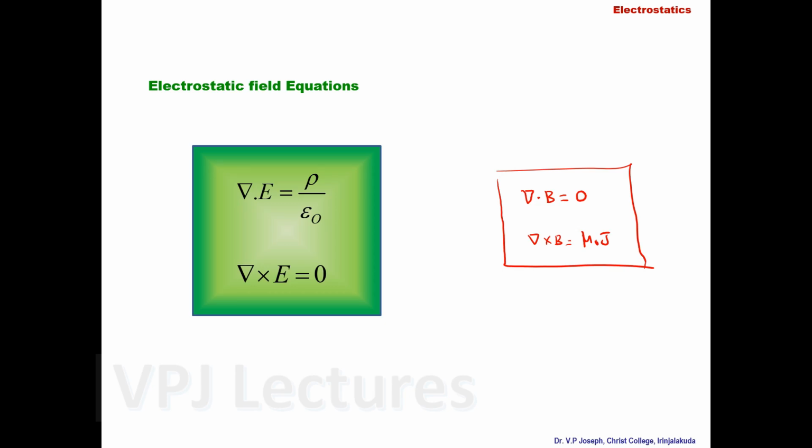These four static field equations we will modify in the case of electromagnetic induction by adding the time variable. In that respect, our aim behind electrostatics is to study the properties and associated theories of these static field equations, and their importance in the entire electrostatics and electrodynamics.